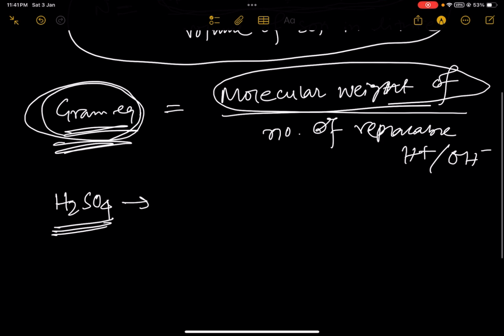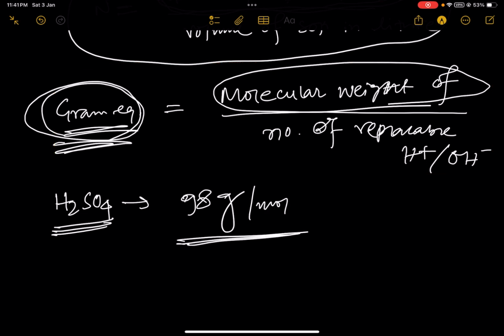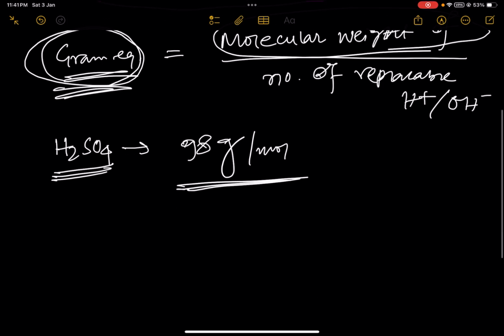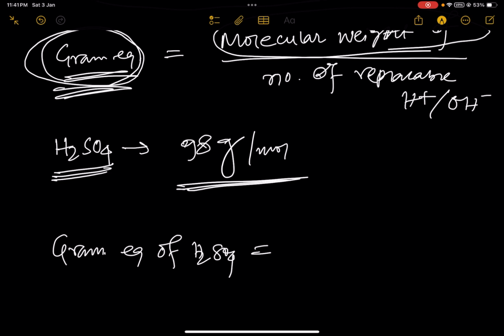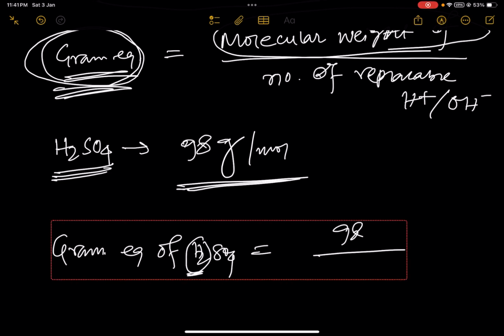It has a molecular weight of 98 grams per mole, if I am not wrong. Okay, so the gram equivalent of H2SO4 is equal to 98, and you have to see H2SO4 has 2 hydrogen plus ions in it.